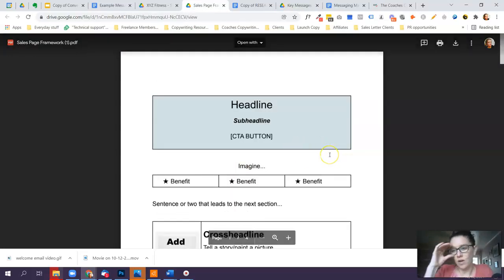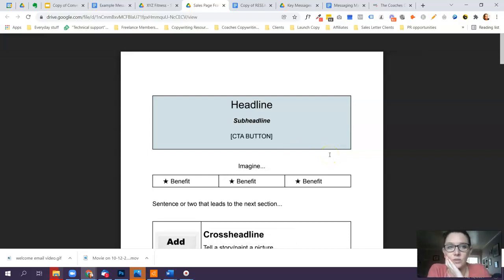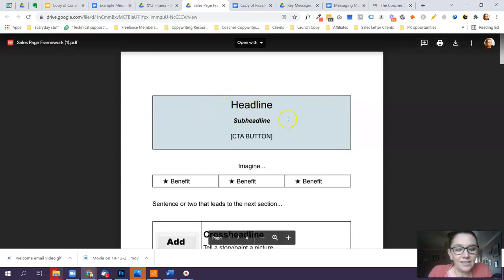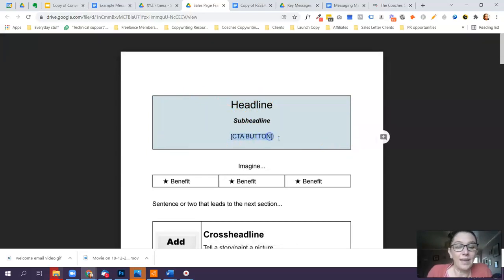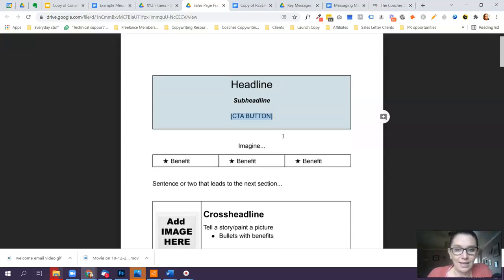Okay, and so this is an overview of the sales page framework. I actually use a Google document, but what I've done here is create a more visual breakdown of it, so you can see how it works as a sales page. At the top, there's always a headline and sub-headline, and then the bit at the top with a call to action that you may or may not have, depending on what your funnel and your sales page look like.